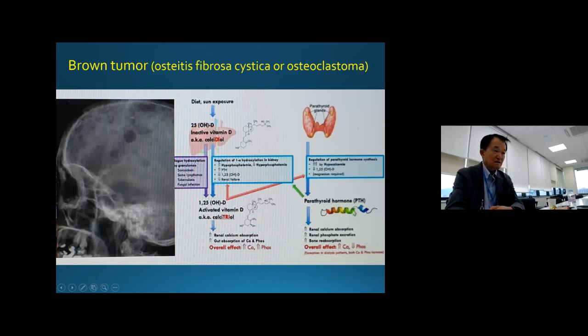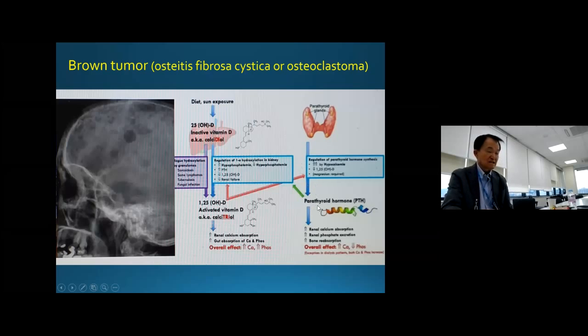But if the parathyroid hormone is less, parathyroid hormone also increases renal calcium absorption and phosphate excretion.